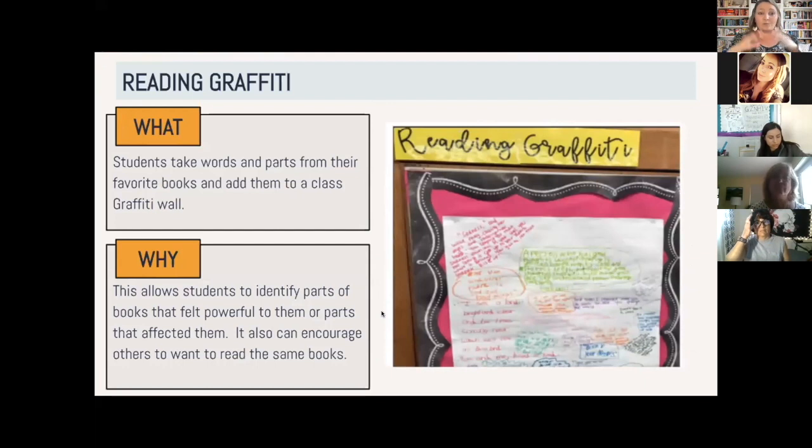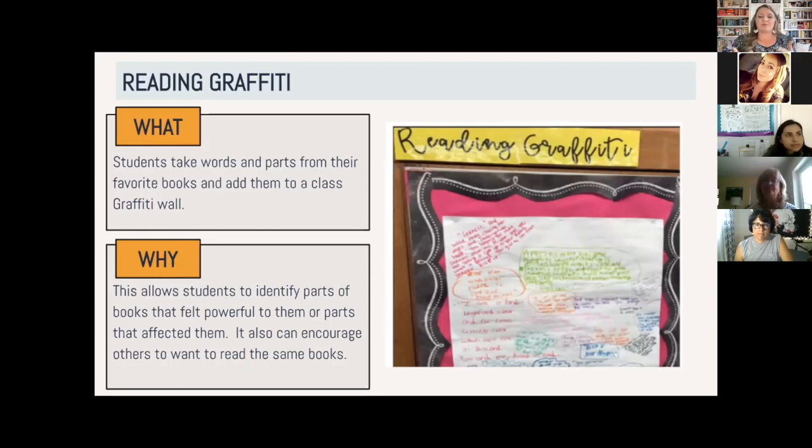So next one, reading graffiti. This is something really easy, and it doesn't take hardly any work. Put up an anchor chart in your class and tell the students, this is the graffiti wall. On this graffiti wall, you can take words and parts from your favorite books and add them to it. Why would we do this?